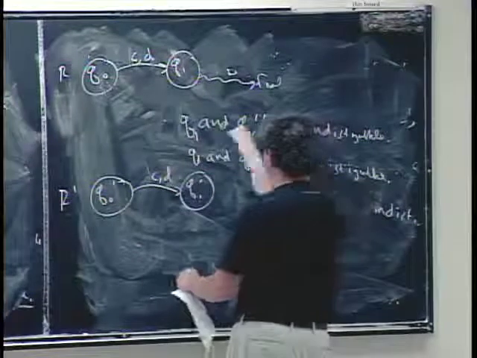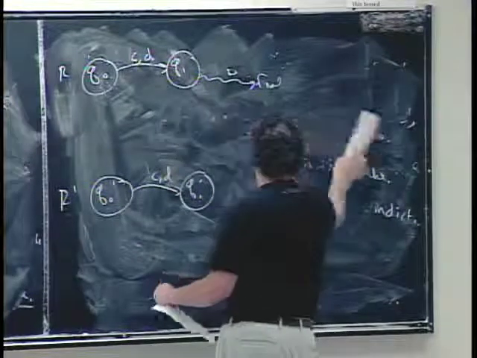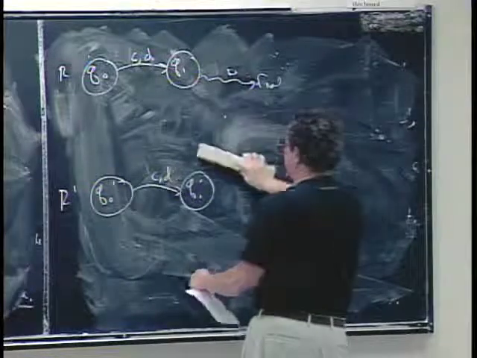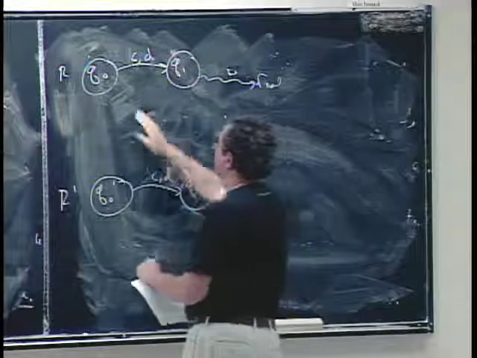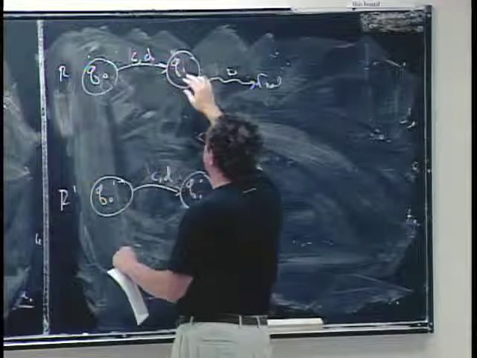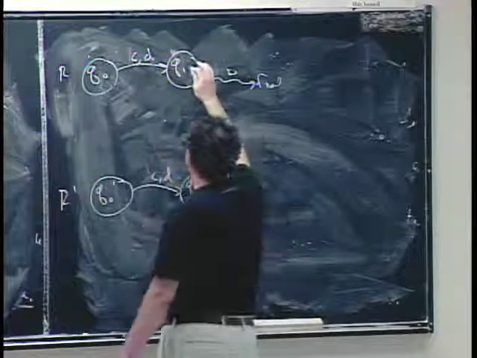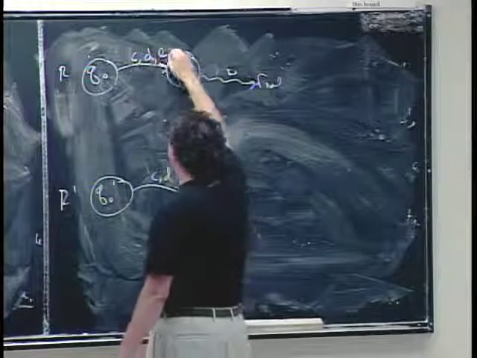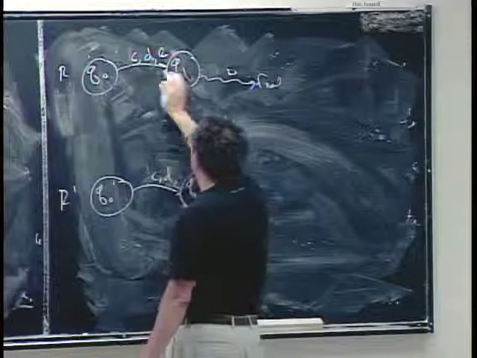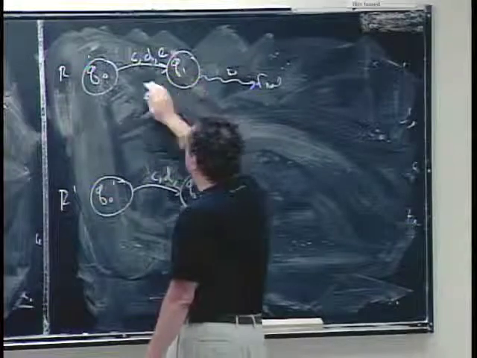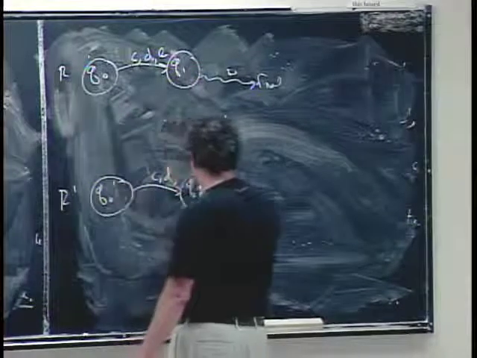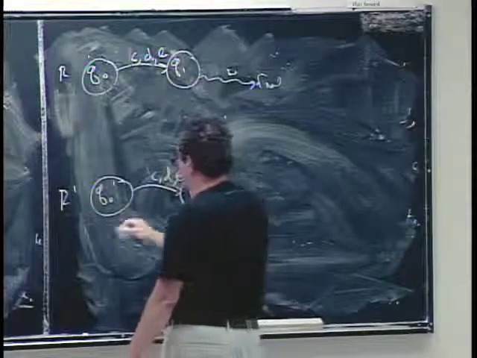Okay? So we have this picture. From Q0, all of the characters that bring you over to some state Q1, and maybe more, that bring you over to Q1 in R will also bring you over to Q1 prime in R prime.